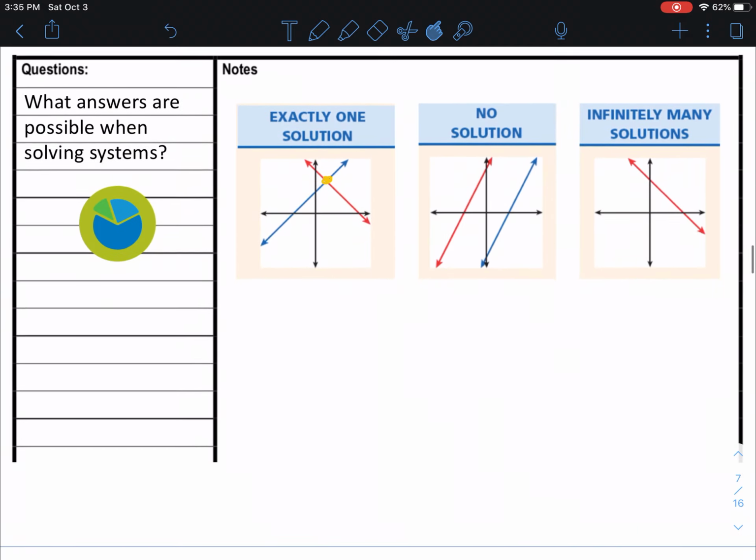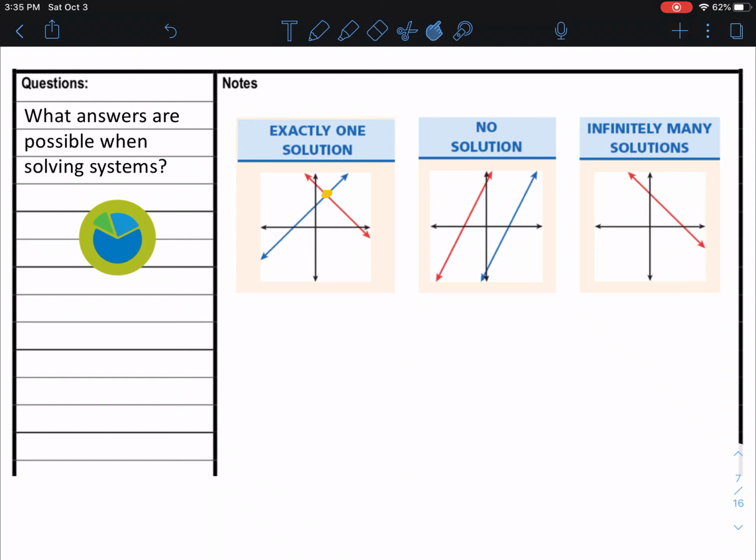When you are looking at systems by their graphs, it's visually easier to understand what's happening. If you have two lines and they cross somewhere, they'll cross in one spot and you'll have one solution, like maybe (3, 7). If you have two parallel lines, like the picture in the middle, this would be no solution because they don't cross anywhere.